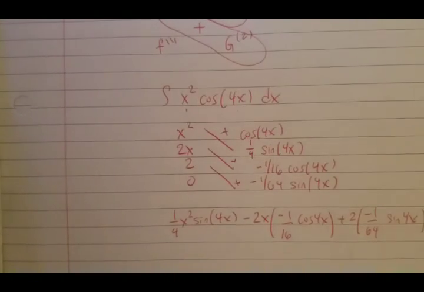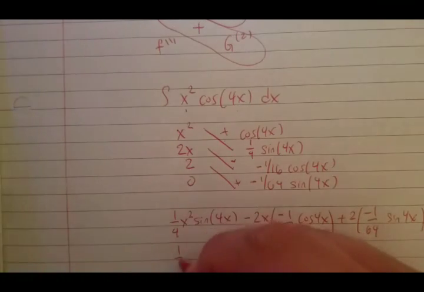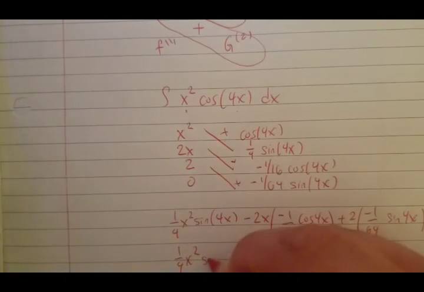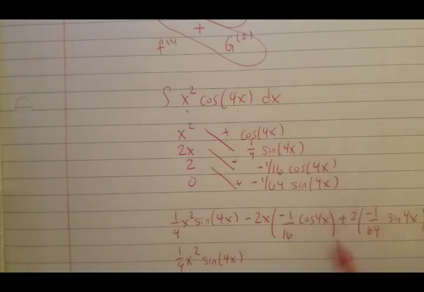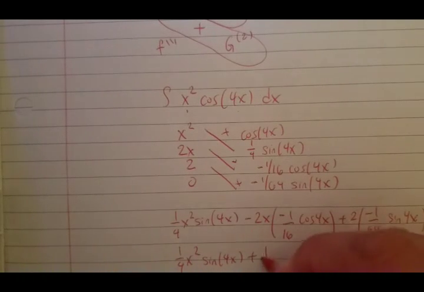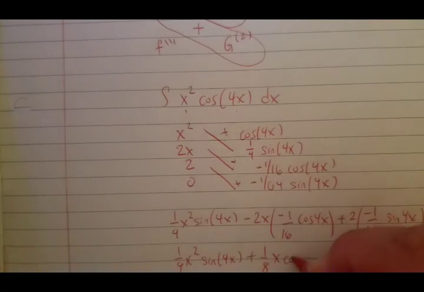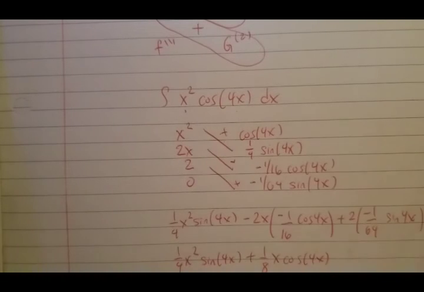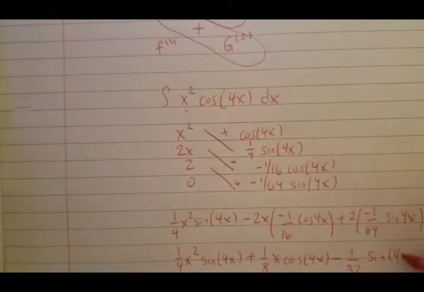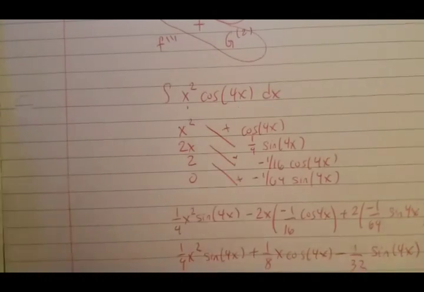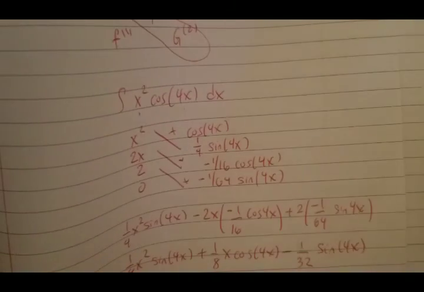Cleaning all this up, fortunately my fractions are pretty straightforward. So here, minus 2x times negative 1/16 gets me positive 1/8 x cosine of 4x. And then 2 times negative 1 over 64 is just minus 1 over 32 sine of 4x. And as this was an indefinite integral, at the very end, plus c.